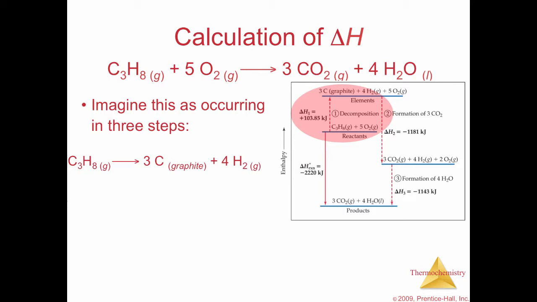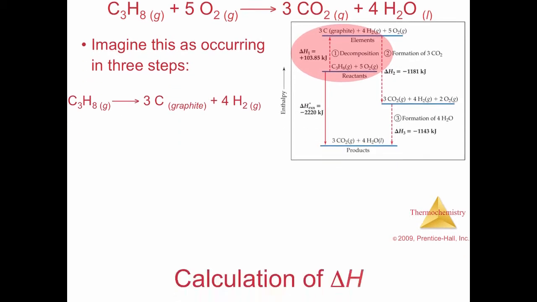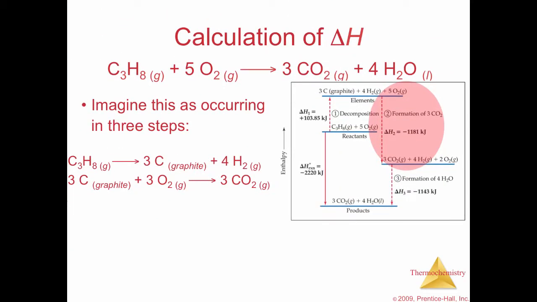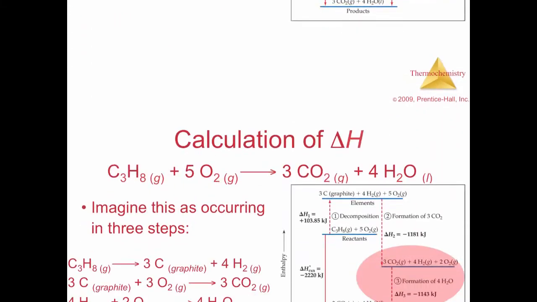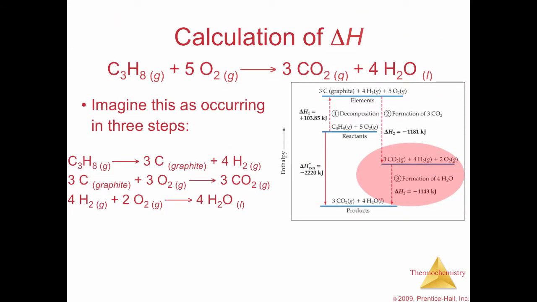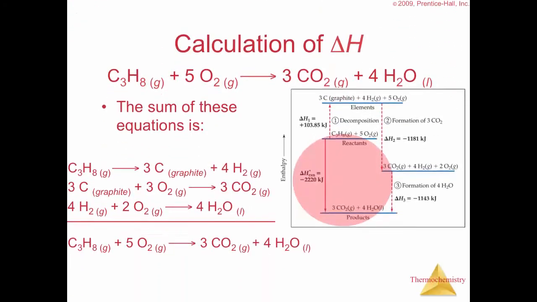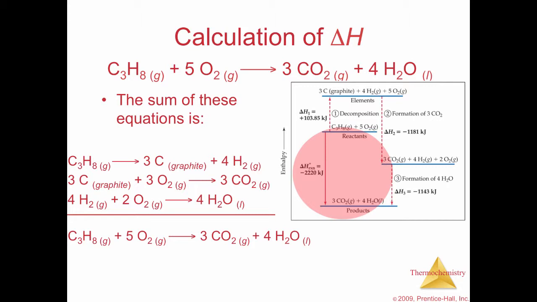So our propane would decompose into carbon, graphite, and hydrogen gas. Next, the carbon graphite would react with the oxygen, forming carbon dioxide. And third, our hydrogen gas would react with our oxygen gas to form water vapor. And then again, those 3 reactions would combine into the sum of the equations.